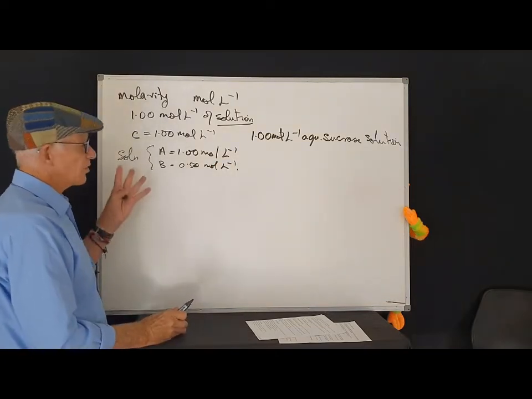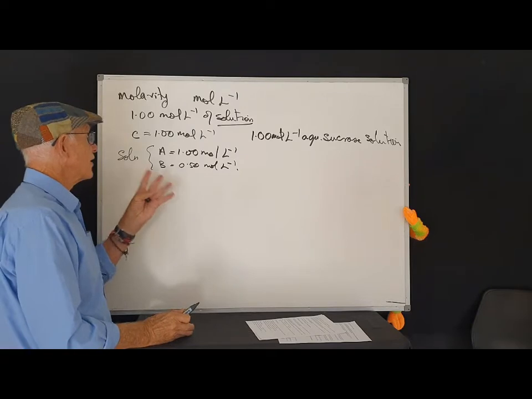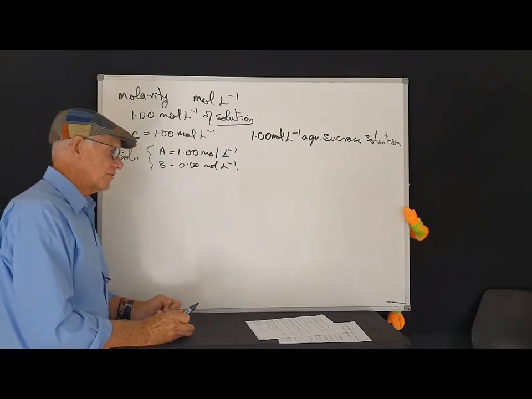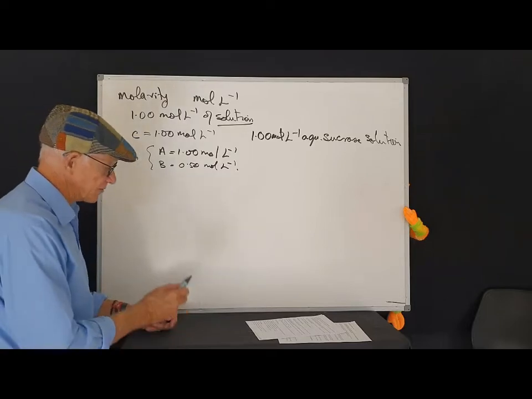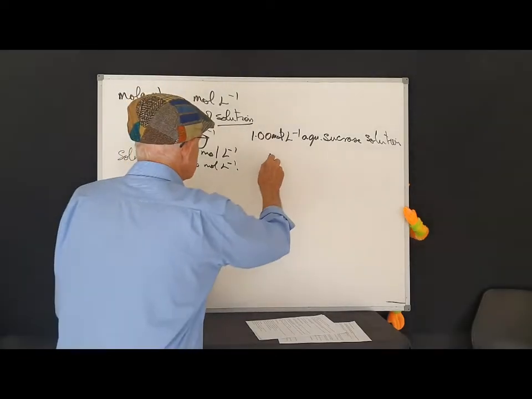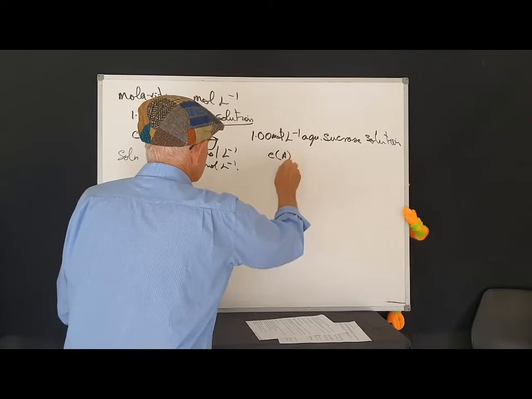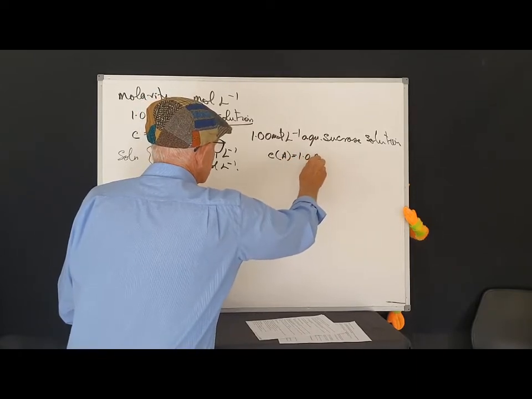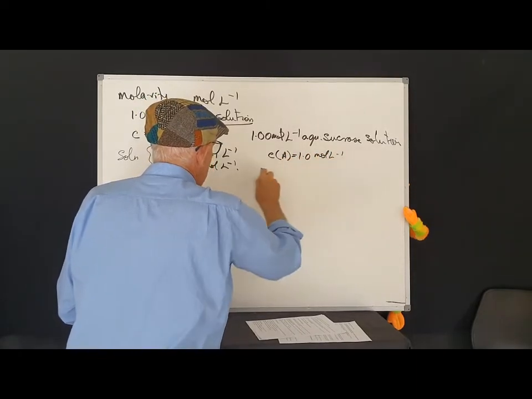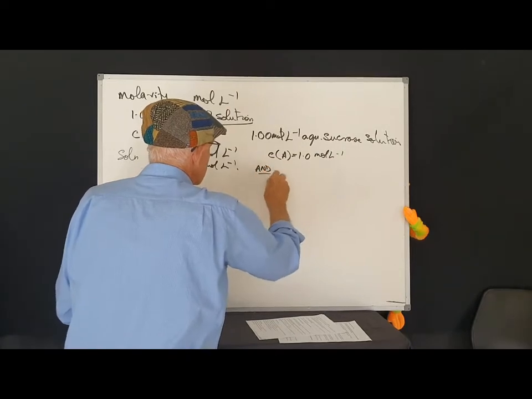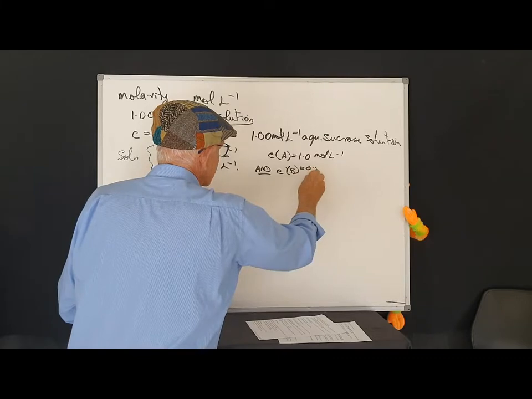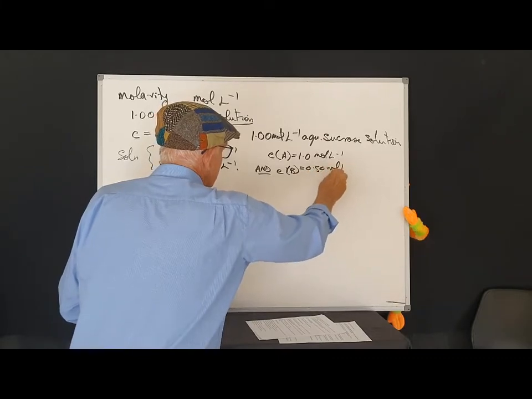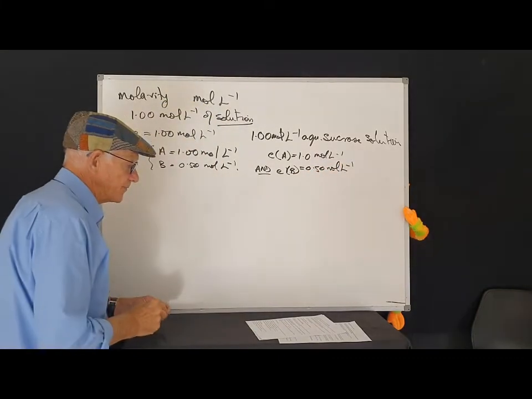Now, it'd be wrong to describe this as a 1.50 mole per litre solution. Well, not wrong, but it's not really descriptive of the system. The system is a solution in which the concentration of A is 1.0 moles per litre, and the concentration of solute B is 0.50 moles per litre.